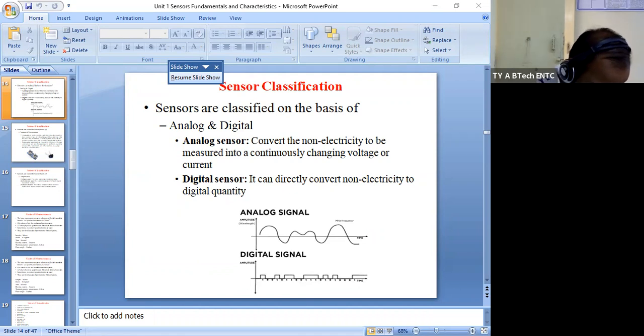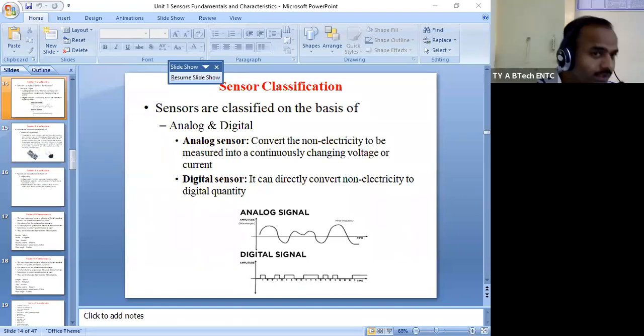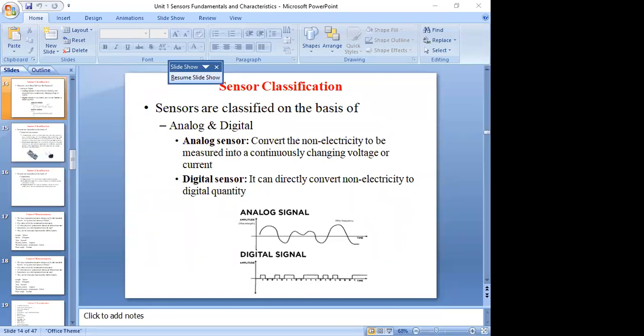14. 13 is also there, right? 13. 14 absent. What happened with her? 15. Yes, sir. 16. 17. Present, sir. 17 present.